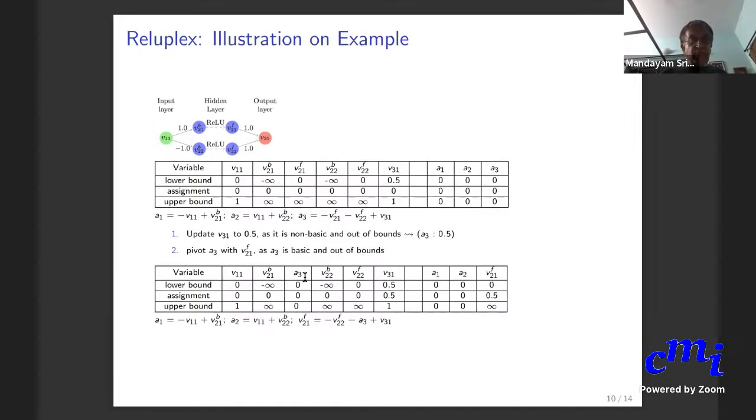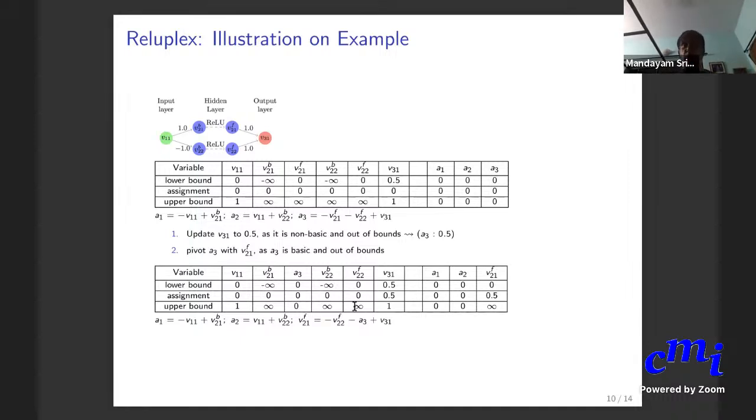At this point, you see all the variables are within their bounds, so the normal simplex procedure would have terminated.